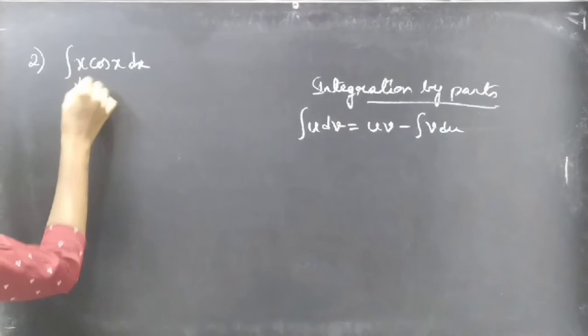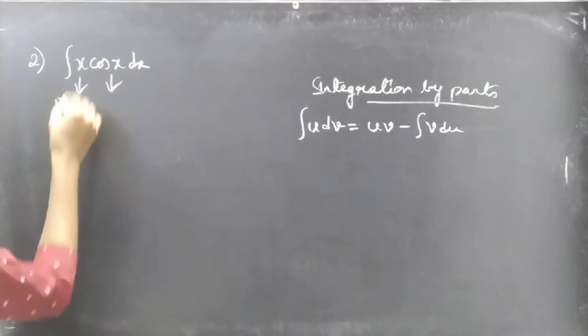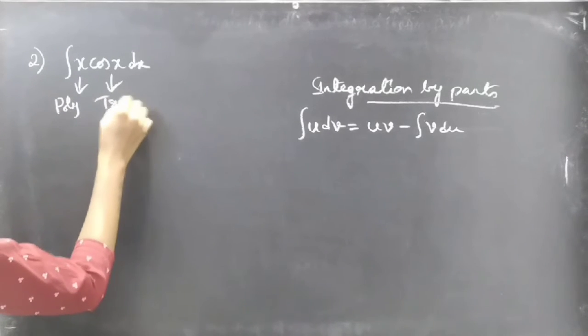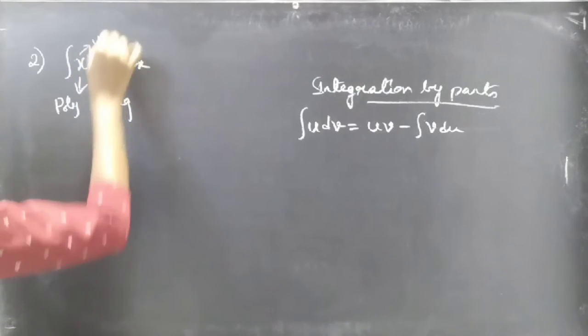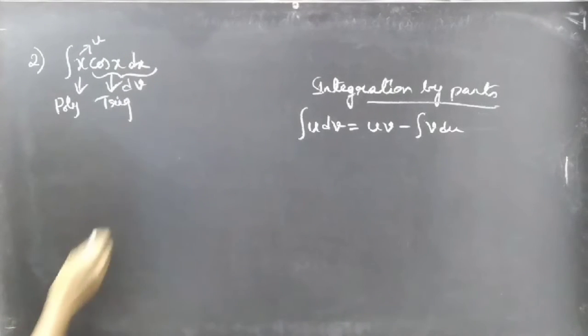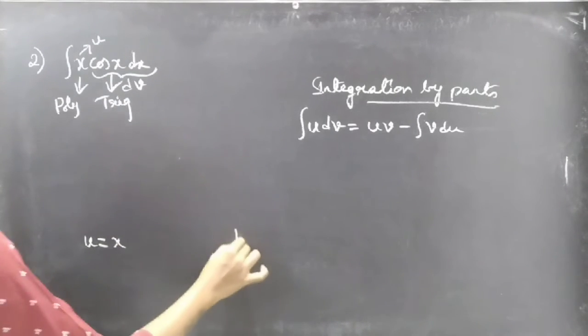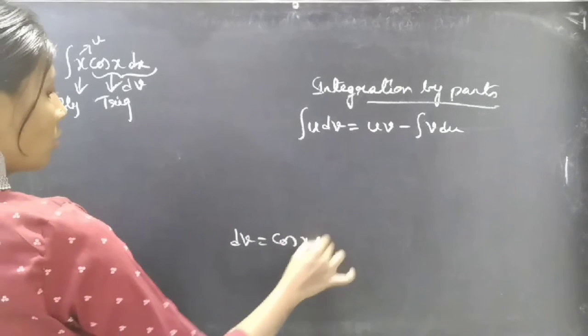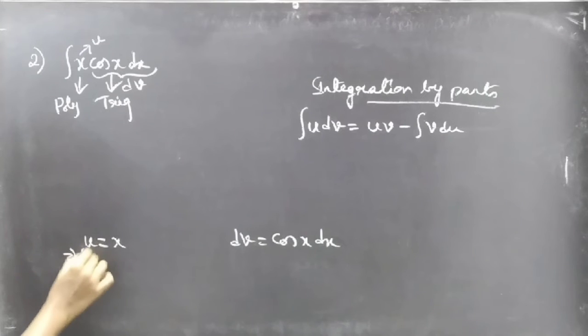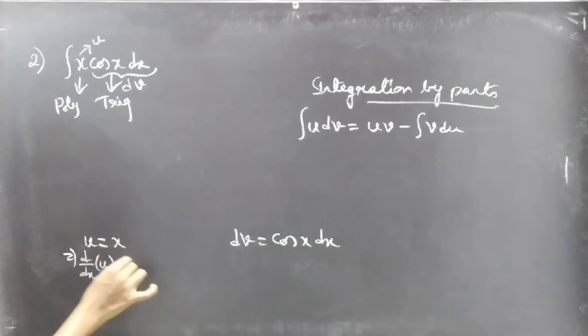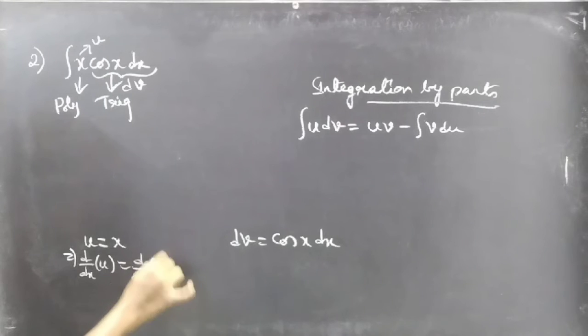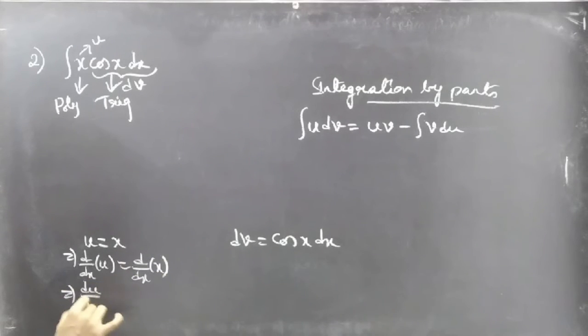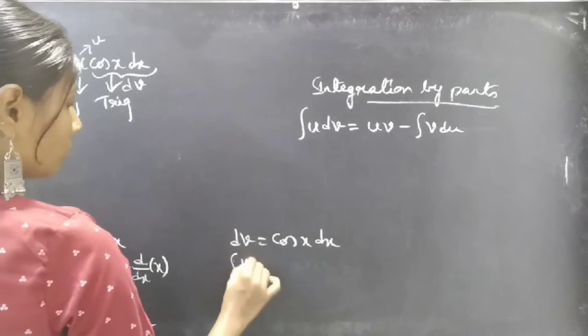Here the integrand is of the form product of a polynomial function and a trigonometric function, right? Consider the polynomial function as u and the remaining part as dv. So we have u equal to x and dv equal to cos x dx. So here we are going to differentiate on both sides with respect to x. We'll get du by dx equals the derivative of x with respect to x, which is 1. This gives us du equal to dx, right? And here we'll integrate on both sides to find v.